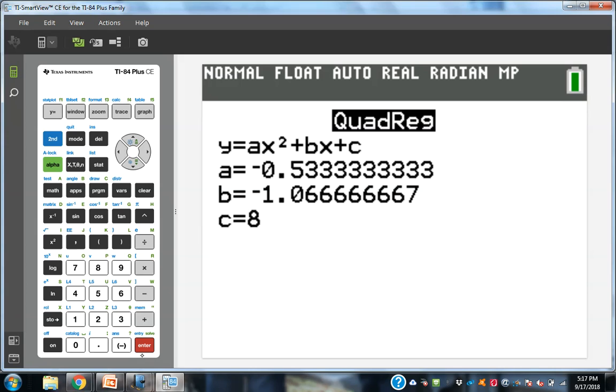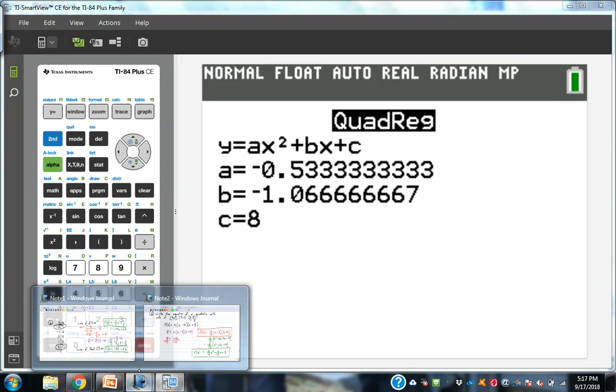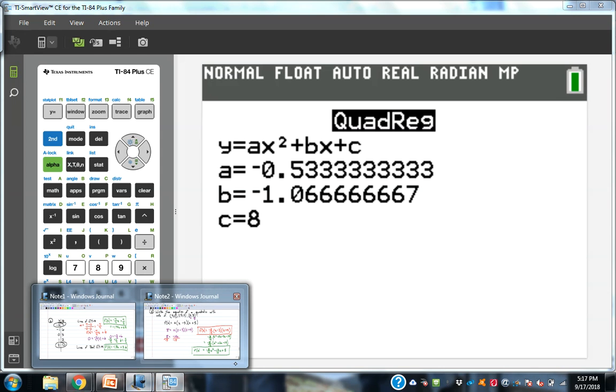I bet the decimal for negative 16/15 is this. I bet the decimal for negative 8/15 is this. Okay, I know. That's what they are. If you did the decimals for those, that's what they would be. Okay. So that's a way to check to make sure you're getting the right equation when you go to standard form. Get your calculator to do a quadratic regression. That's always handy to get to. All right.